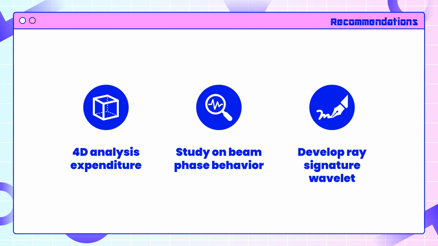To summarize this technical review on Gaussian beam migration, three recommendations for the GBM way forward have been provided. First is to expand the migration method to four-dimensional analysis. As mentioned in the previous papers, a lot of researchers have conducted the migration in either two-dimensional or three-dimensional seismic data, and some of them even apply Gaussian beam migration in 2.5 dimensions.